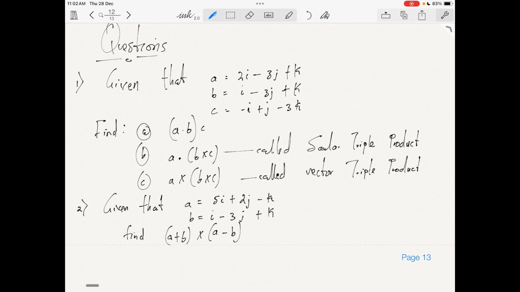We can also be given a equals 5i plus 2j minus k and b equals i minus 3j plus k, and we should find a plus b cross product a minus b. Okay, so let's start with the first one.